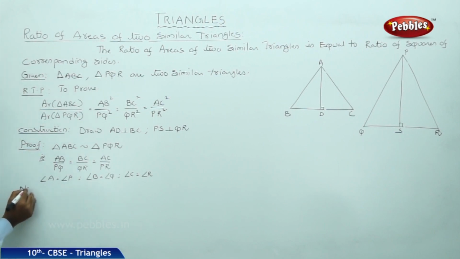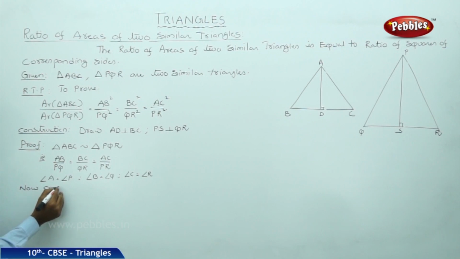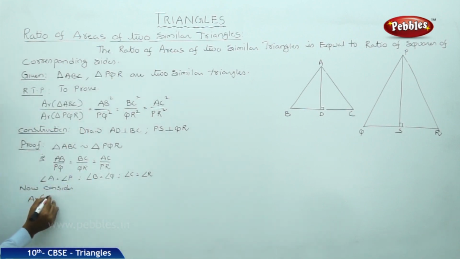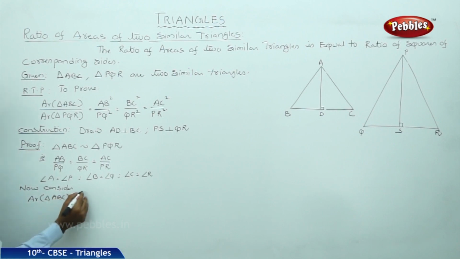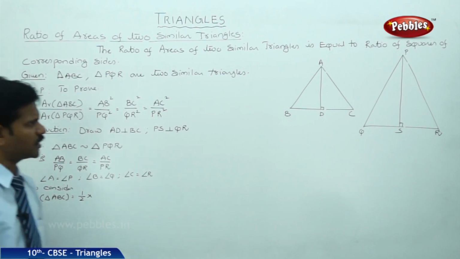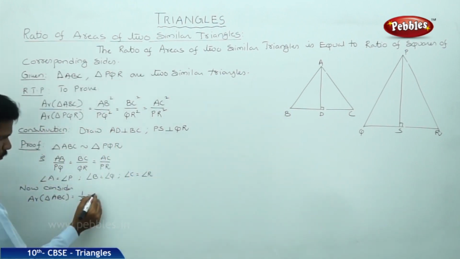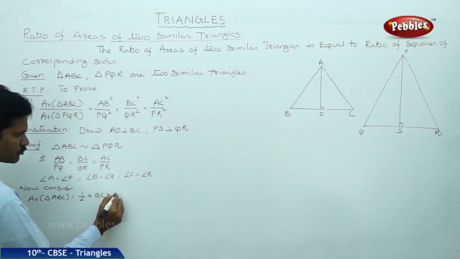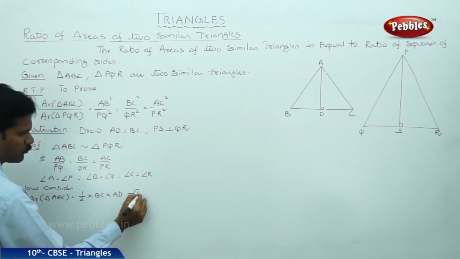Now consider area of triangle ABC equal to half into base BC into height AD, equation 1.